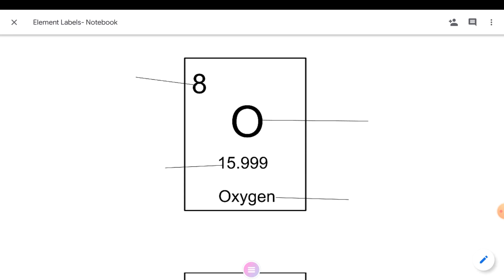So, in the top left corner, there is a number 8. Look on the periodic table, if you have it handy, which all of you should. See if you can find one that has an 8 at the top. Maya, which one do you see?